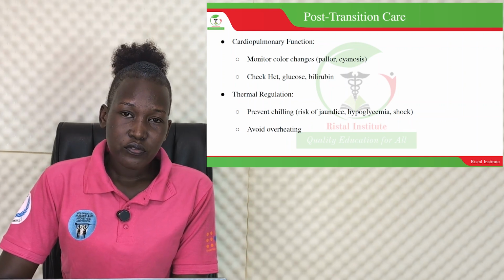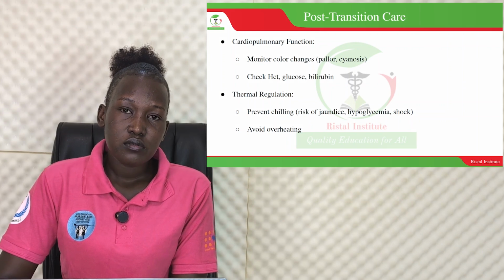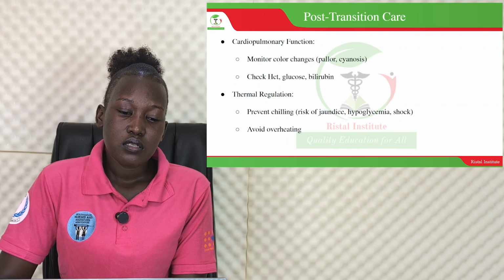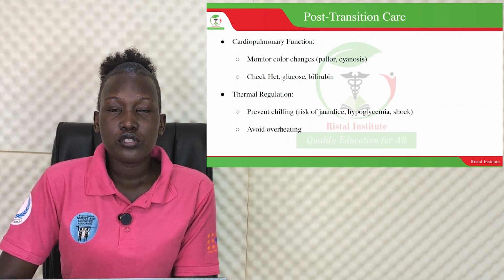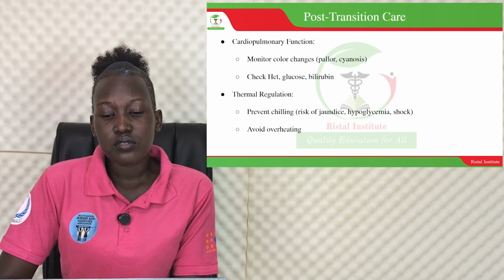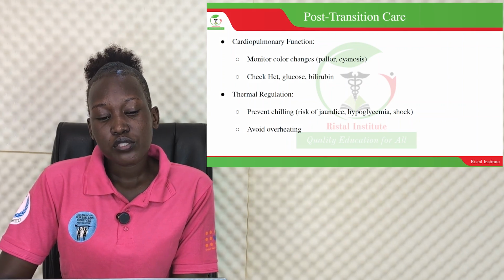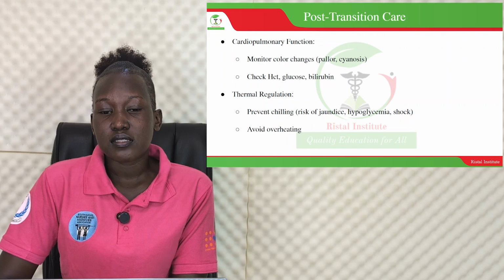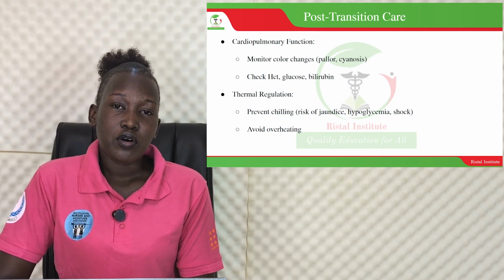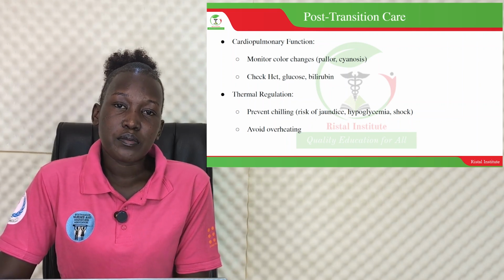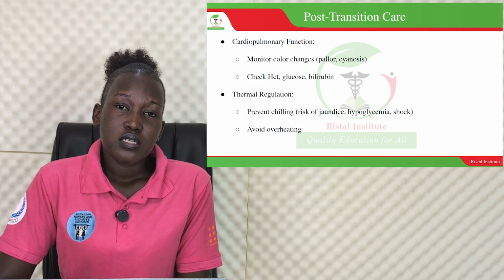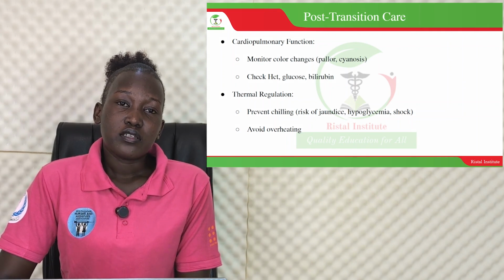Then we can also focus on thermoregulation. We need to prevent the baby from losing heat. So prevent chilling, which will increase risk of jaundice and hypoglycemia and eventually shock. So make sure that you also avoid overheating. I know you know the number of pieces of clothes that the baby is supposed to be covered with.